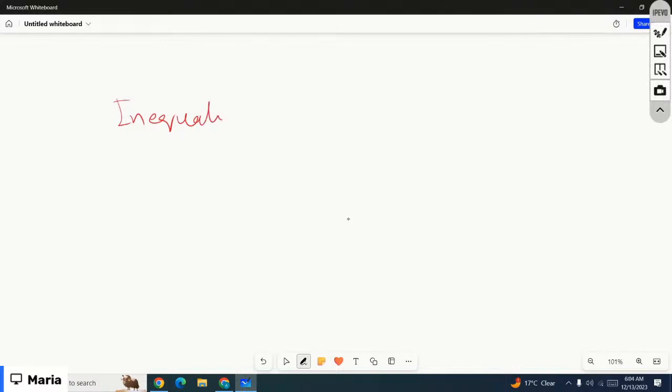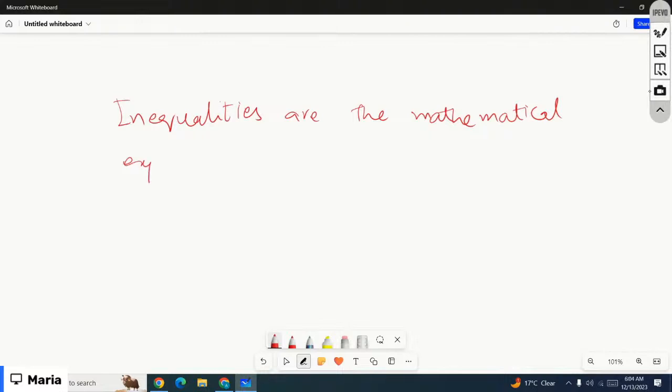Inequalities are the mathematical expressions, you can note down the definition, that involve less than, greater than, less than equal to, and greater than equal to signs rather than equality, right?